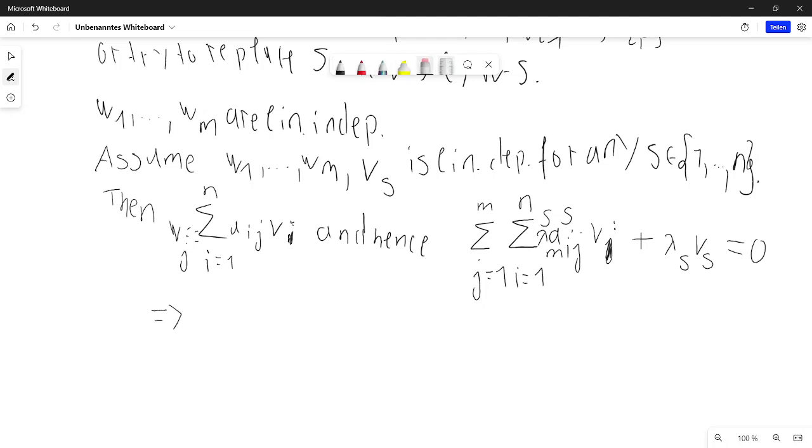Actually, A_ij would not depend on s, because this is just a fixed representation, right?